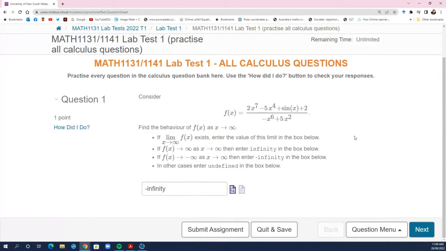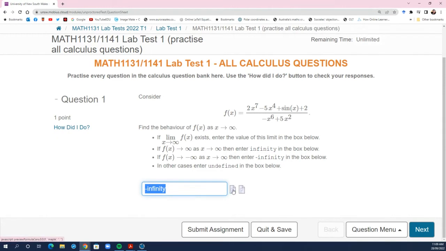Okay, so here's a function. It's got a polynomial on the top and on the bottom, and they're asking you to find the behavior of f of x as x gets large and positive. So I've got negative infinity down there, right?